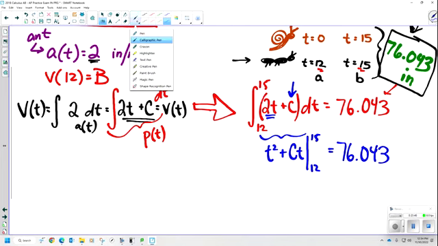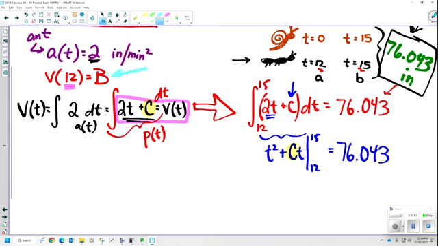Now I have one unknown, c. Once I solve that, I can put it into velocity to get my equation for velocity. Then I can plug a 12 into velocity and score, I get the b value that I'm looking for. So let's continue with our work here. We're doing good. Thanks for hanging.